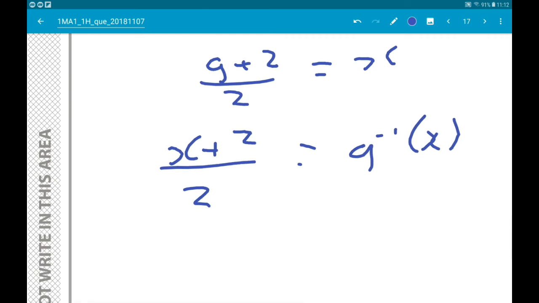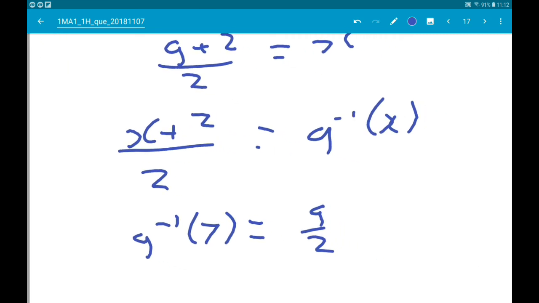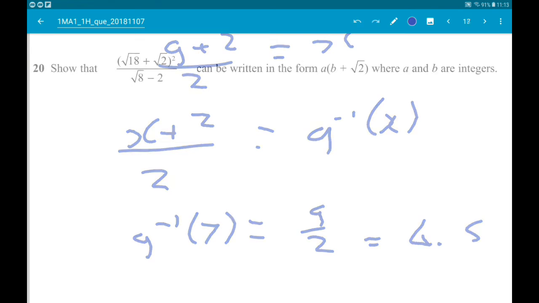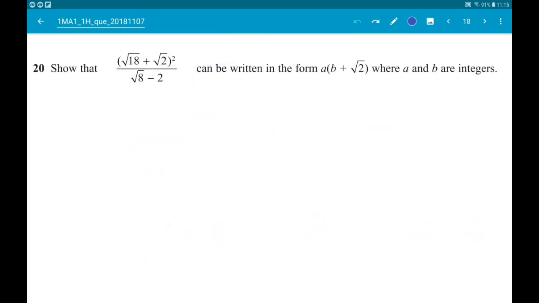Therefore, inverse g of 7 is 7 add 2 over 2, so 9 over 2, which would be fine. You could of course write that as 4.5.